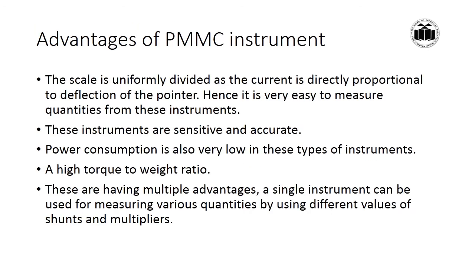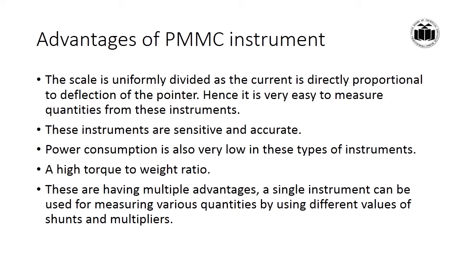There are a number of advantages of PMMC instrument. The scale is uniformly divided as the current is directly proportional to the deflection of the pointer. Hence, it is very easy to measure quantities from these instruments. These instruments are sensitive and accurate.